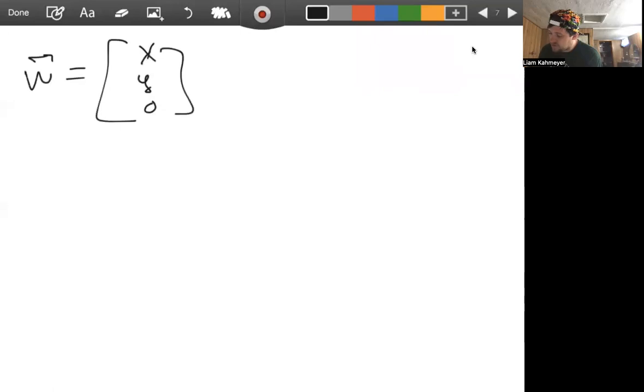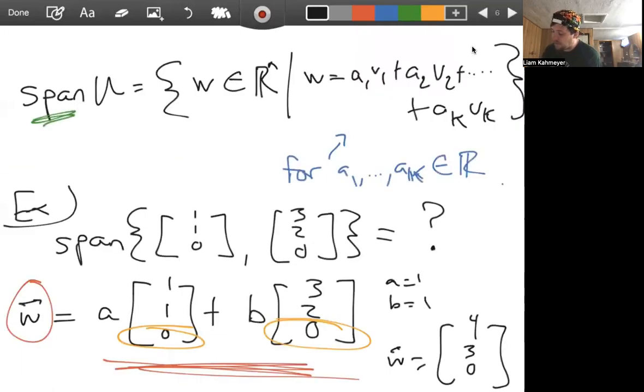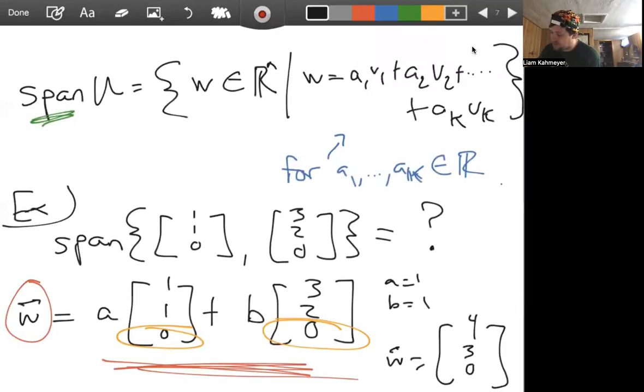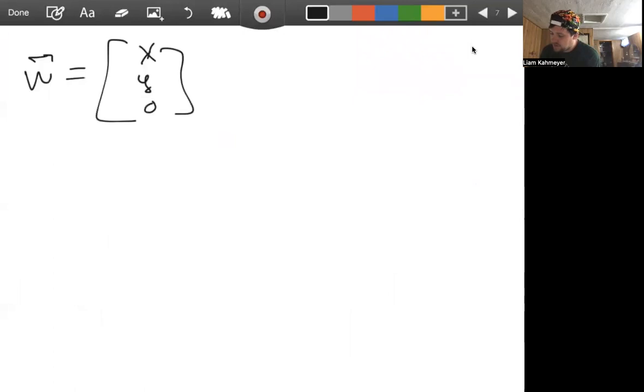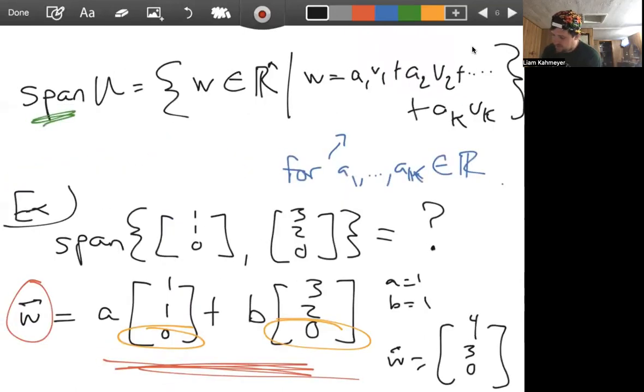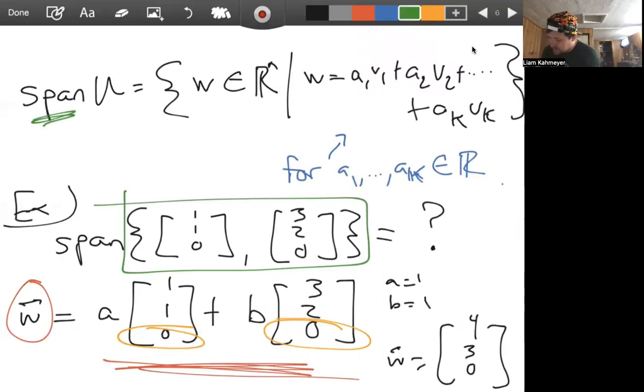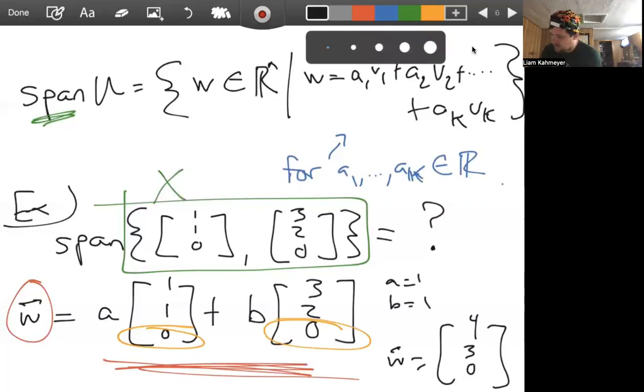Or we could also say, because the Z component of our vectors is 0, we also know that the span, and let me just call this set of vectors capital X to save me some time, why not?